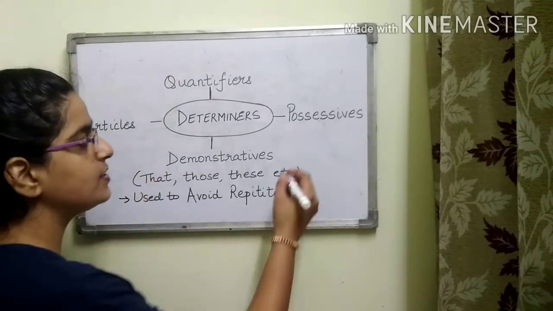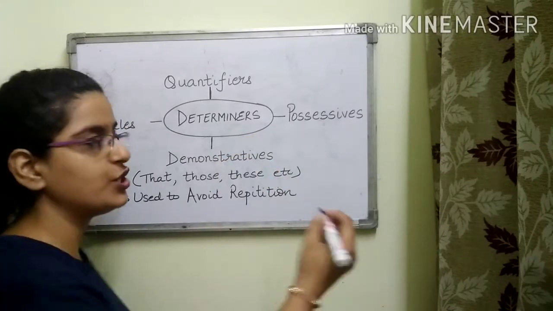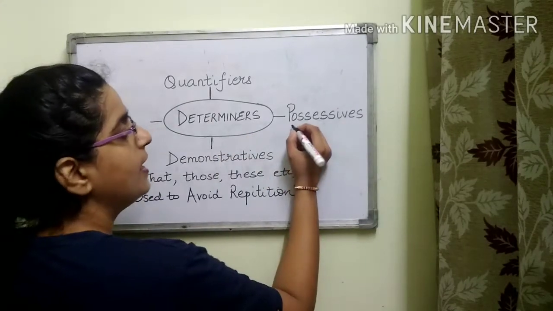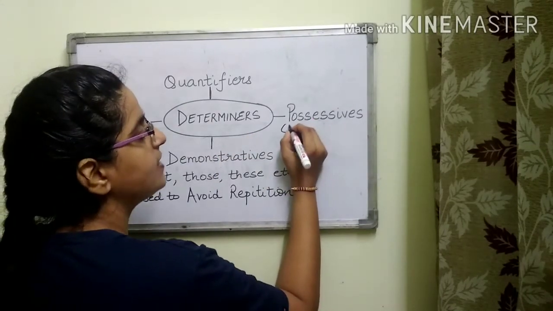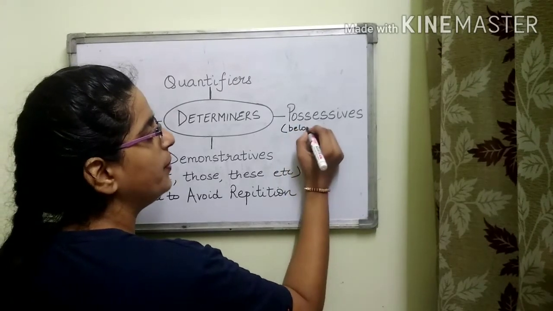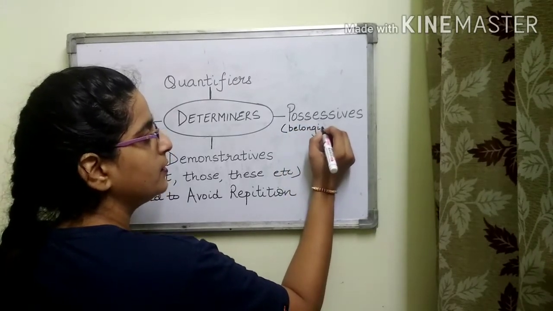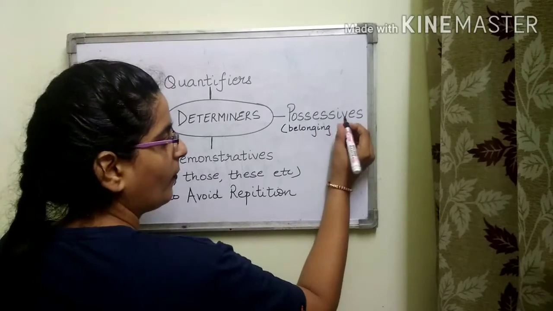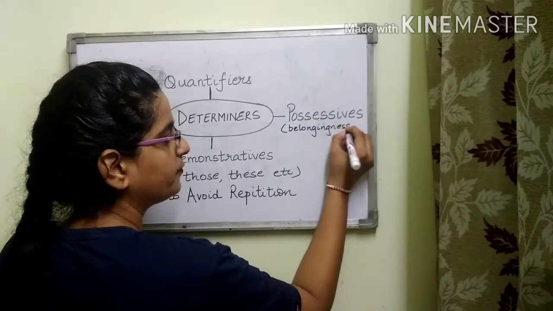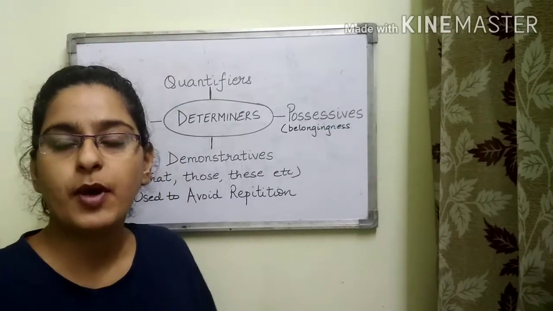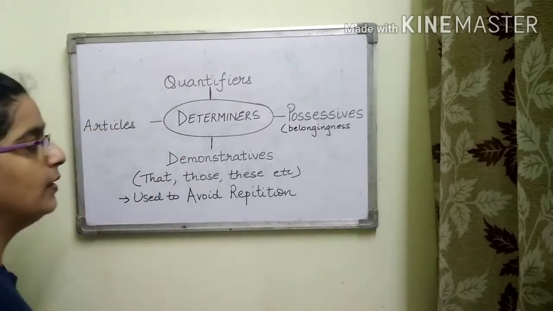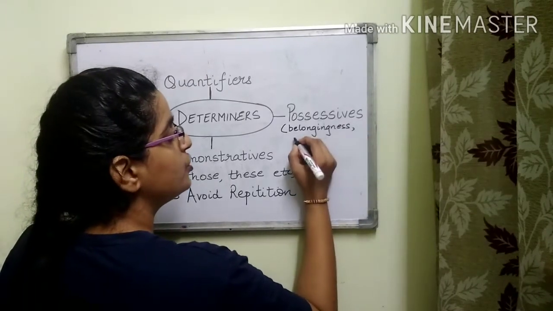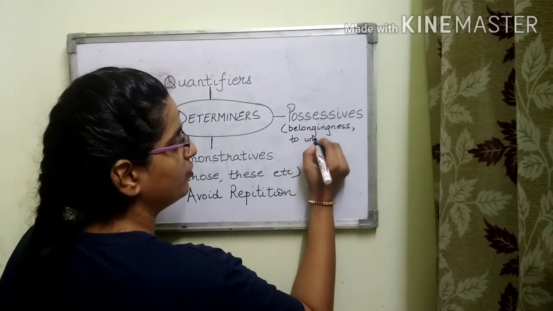So I can write it over here as a point just for us to understand: possessives are the words that tell us about the belongingness, or to whom it relates.